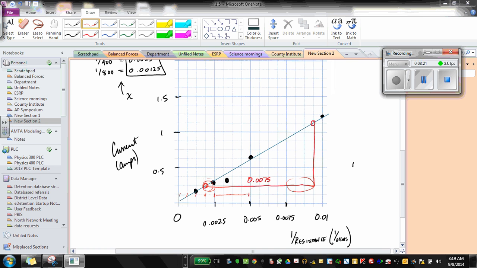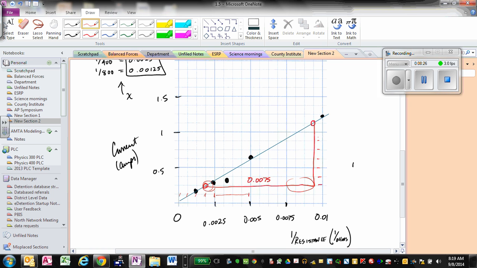And then the rise of this thing has 1, 2, 3, 4, 5, 6, 7 blocks. And again, I'm stuck with this strange division here. I know that going from 0 to 1, that's 8 blocks, so I'm just going to use that ratio to figure out the exact number here. So I know that my current will go up 1 ampere for every 8 units on the axis.